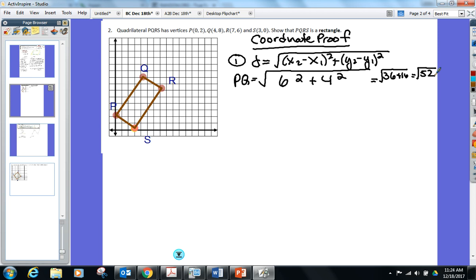What side's next? Might as well do RS. Hopefully it comes out to be the square root of 52. We'll find out. Let's get going. RS.